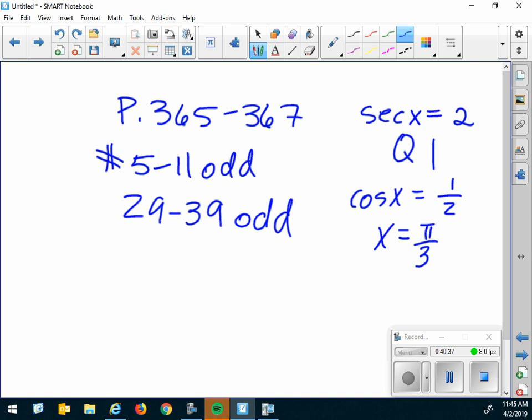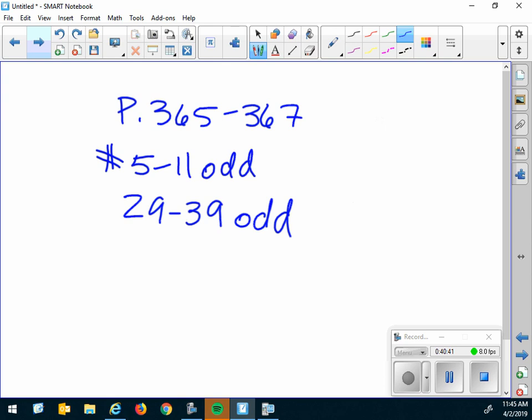Then go down to number 35. Well, shoot, I'm not going to do 35 with you because you're going to do that one yourself. Let's do 36 together. Yeah, because you're doing odd. So let's do 36 together here. Secant x equals 2.4. What quadrant are we in?